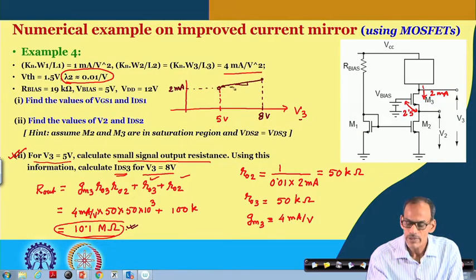So, using that slope and this voltage change, which is 3 volt, we can find what is the additional current here.